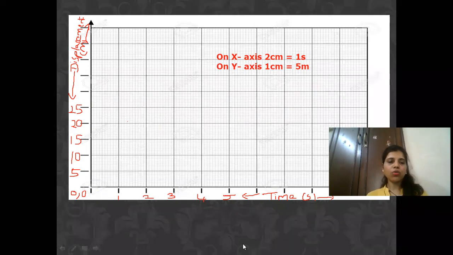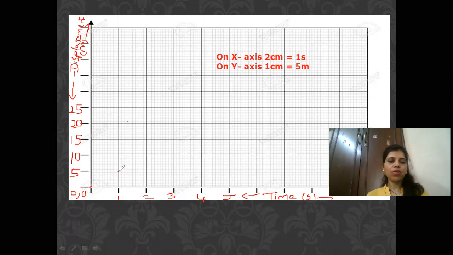First 0, 0, so I'm going to mark the point over here, 0, 0 at the intersection point. Then 1 is 5, 2 is 10, 3 is 15, and 4 is 20.